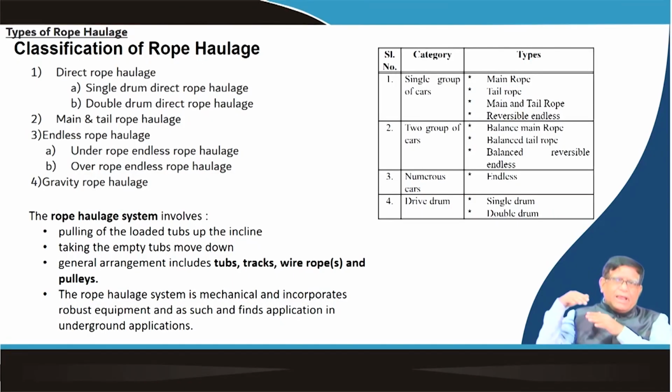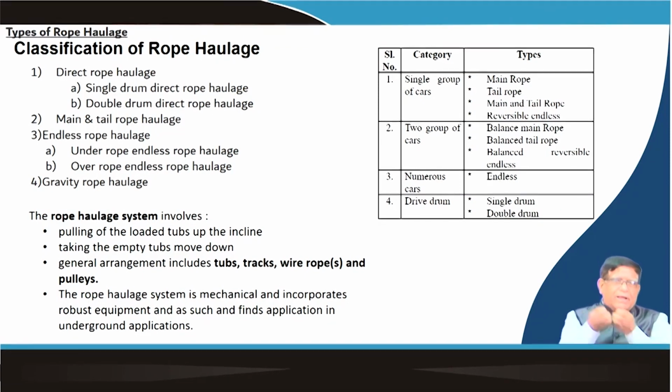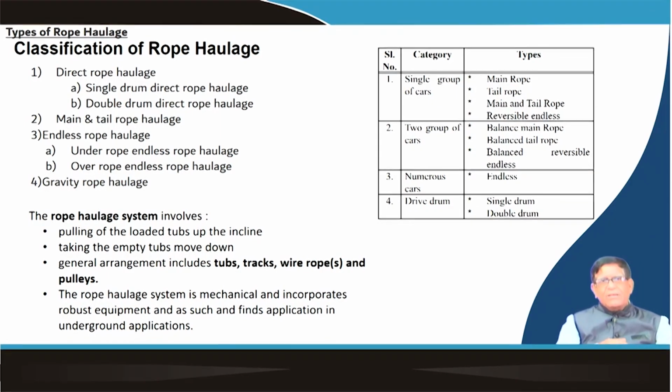While the empty trucks are going down into the mine, their load will be pulling a few loaded tubs on the top. This is the way you use gravity without giving any additional power. You will only be using some mechanical braking on that system. Such systems are also there in rope haulage.